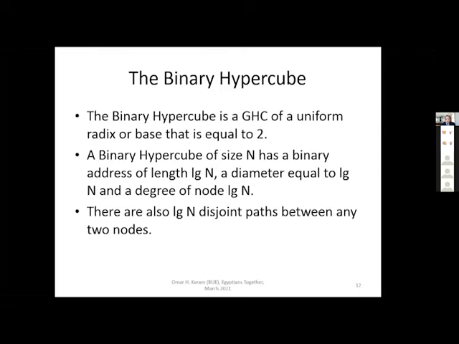So everything happens in log n, which is of course very much more desirable than a ring network, where all the communication is in order of n, or a fully connected network, where the complexity of the processor is order of n squared. So this is log n. This is a great suggestion for a network.